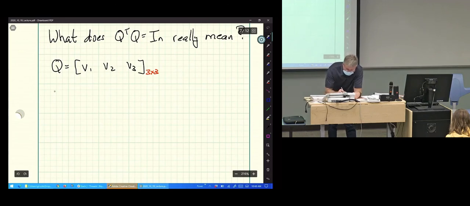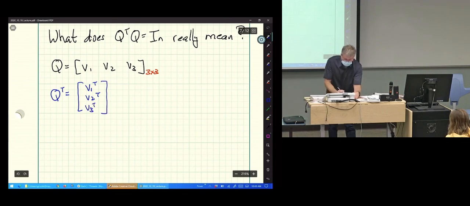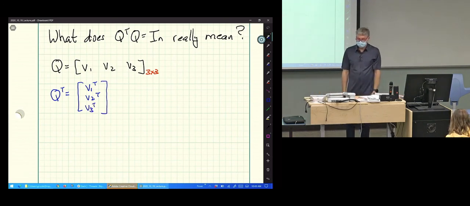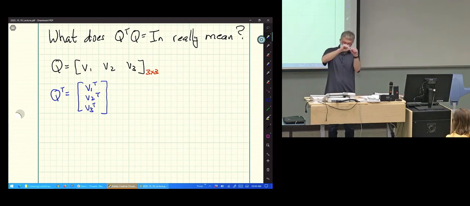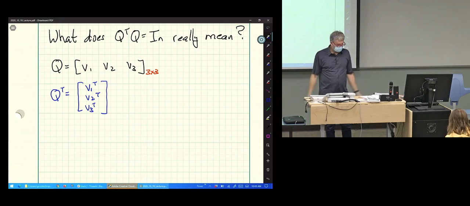Then Q transpose, we take columns and we turn them into rows, and we stack them up. So there's the transpose. We can take rows, turn them into columns, or we can take the columns and turn them into rows. It's the same thing. And since I gave it as columns, then these have to be rows.